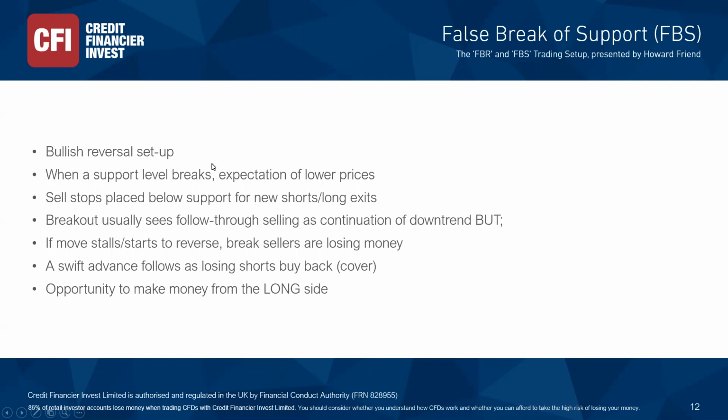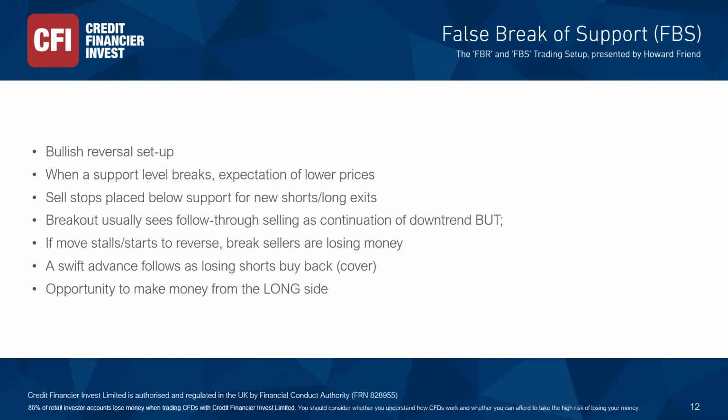Traders place sell stops below the support levels on charts, and so naturally when the market breaks through a support level, you can imagine a lot of new trades coming into the market, people who are long getting stopped out, and also people who don't have a position who are selling short. They're taking new short positions on.